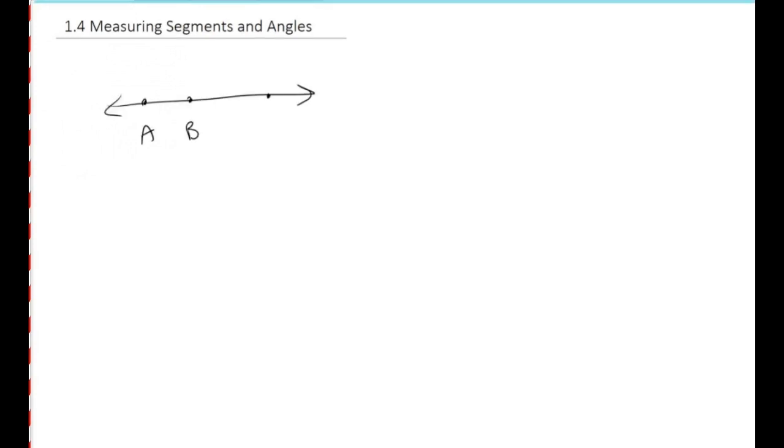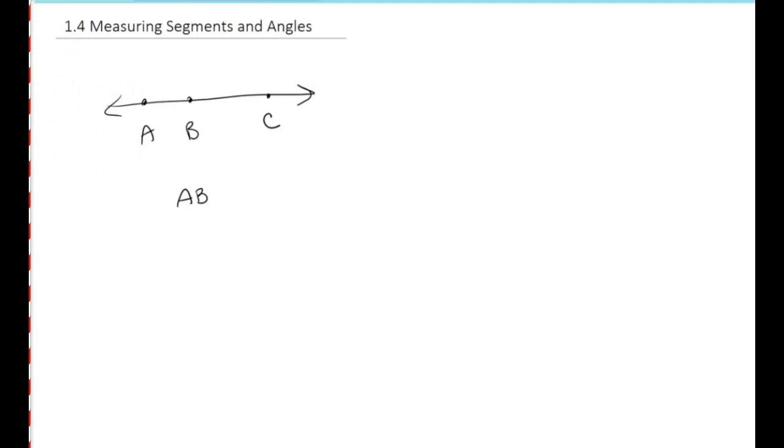We're going to draw a line with 3 points, A, B, and C. What the segment addition postulate tells us is that the segment AB, now I'm not going to draw the line on top, because I'm going to denote distance or length this time, and not specifically the segment itself.